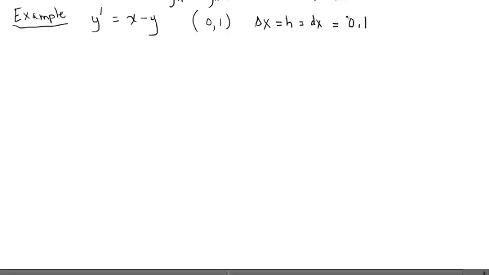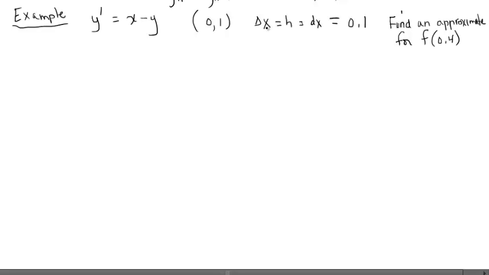So what I want to do is find an approximation for the function evaluated at, say, 0.4. I want to get an approximate value for the function at 0.4 with all this information. Well, if I'm starting at 0 and my step size is 0.1, think about how many steps that is. To go from 0 to 0.4, I'm going to have 4 iterations, if you will.